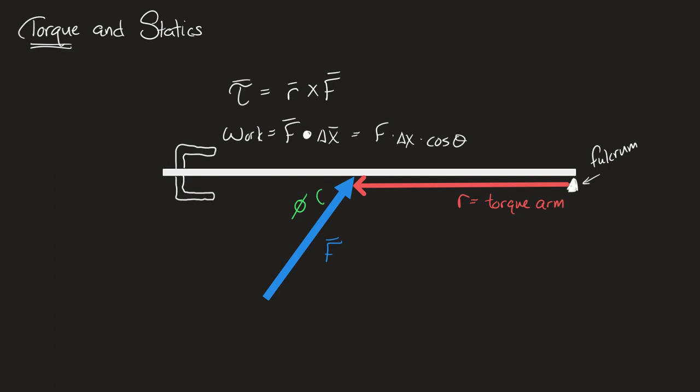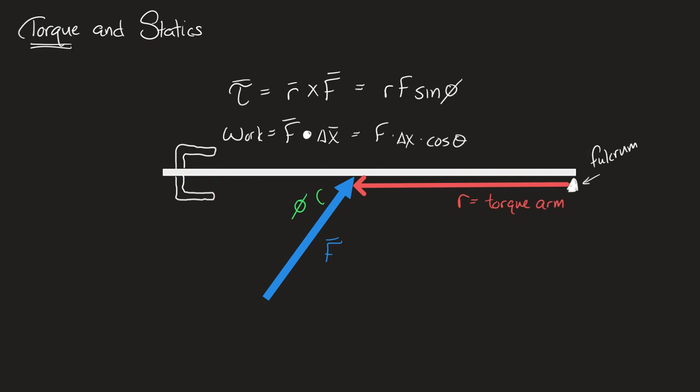But for torque, our force is more effective when the angle gets closer to 90 degrees. So which function would we use there? Sine, right? Sine is maximum at 90 degrees, and that means more effective. So we would have R times F times the sine of our angle.